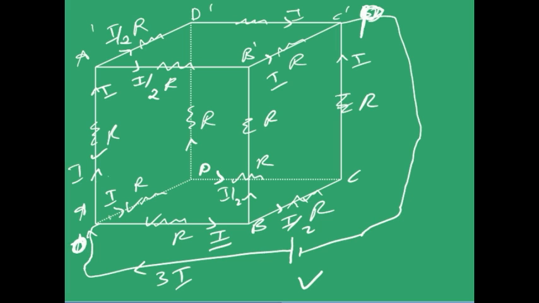So by symmetry, even they should carry the same currents, right? So these principles are very handy actually. You can use symmetry to find many other variables also, like I can also say that the potentials of A dash, D and B are the same just by symmetry. Verify it if you want.